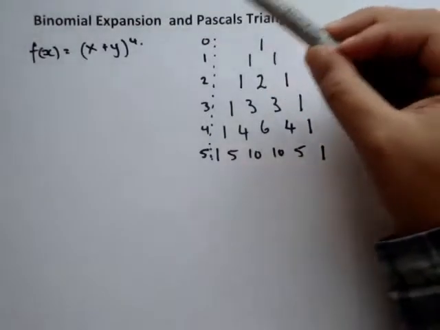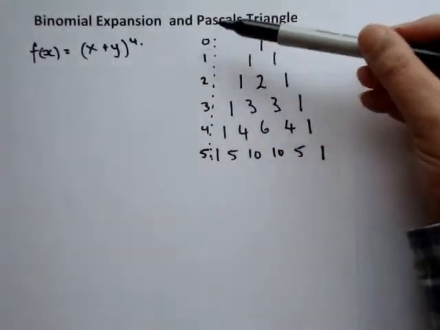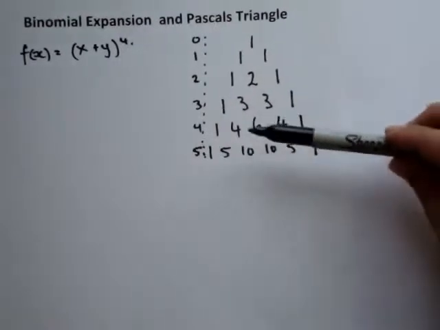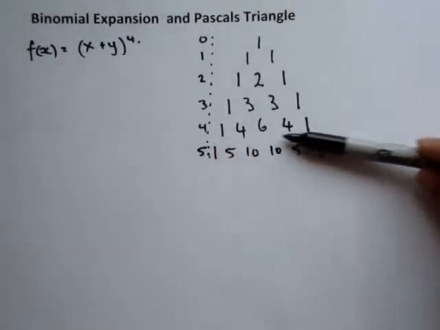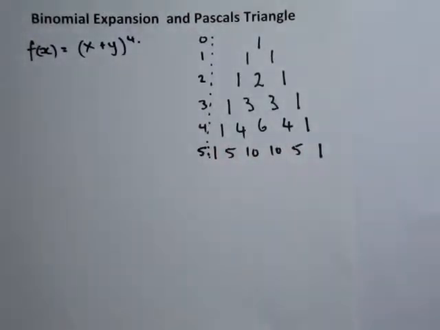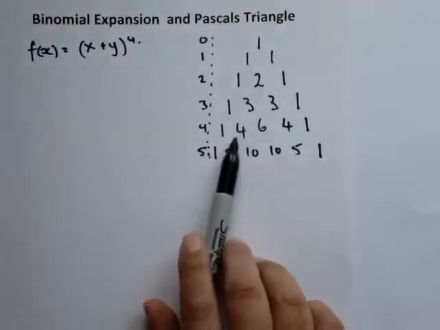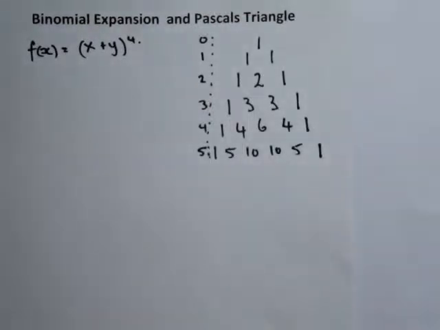What we do is we look at the power 4, and then we go down the triangle 0, 1, 2, 3, 4, and this line represents the coefficients of that expansion. Also, if you look at the power, this should be the second coefficient in the expansion.